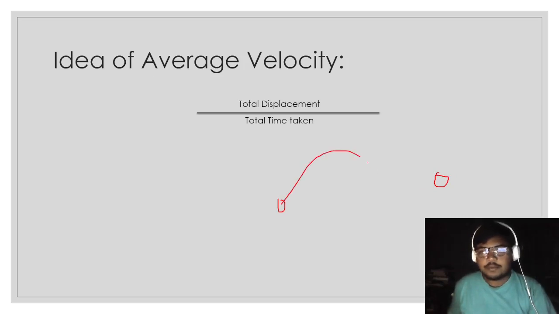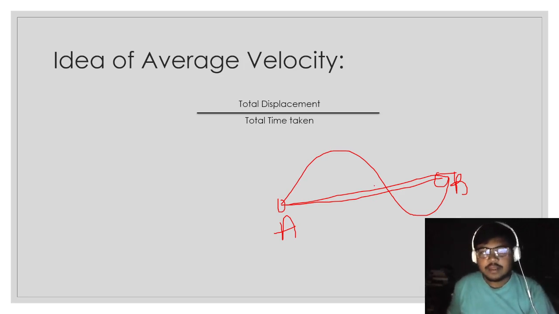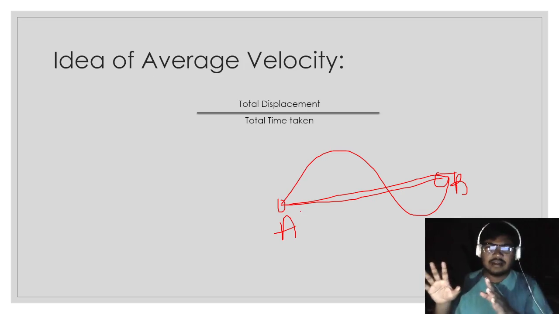So we have traveled from A to B. Here our total displacement is the straight line, and the total time taken is whatever time we have taken through the whole path.